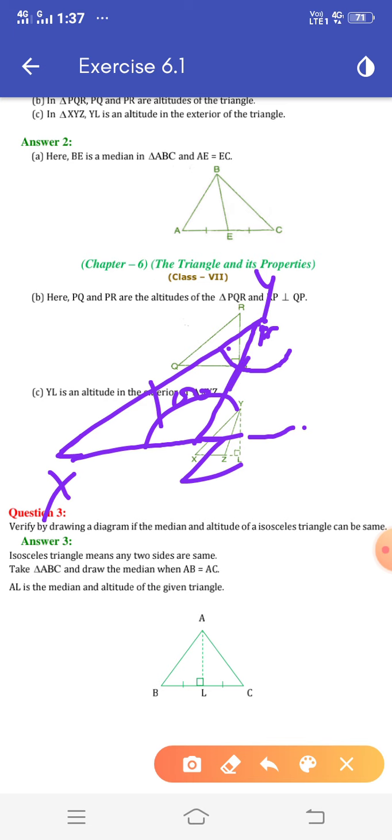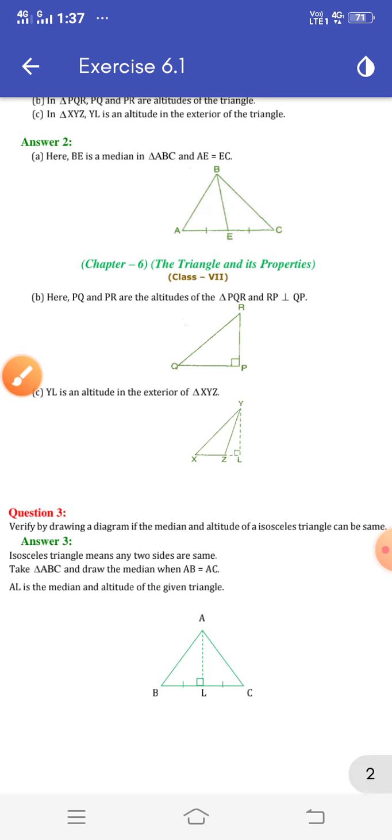First cut 60, second 120, and like this you can draw a 90 degree angle on this. Its name is YL. Okay, draw it easily. Okay students, sum number 3, the last sum of 6.1.